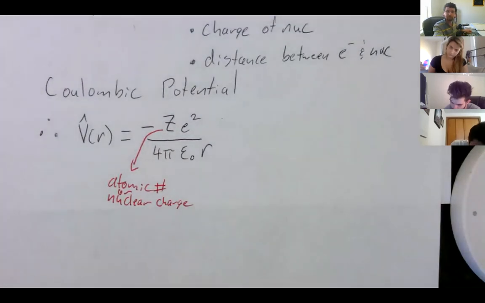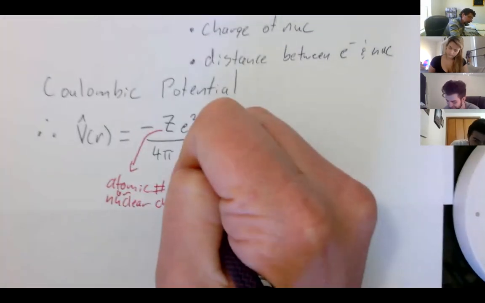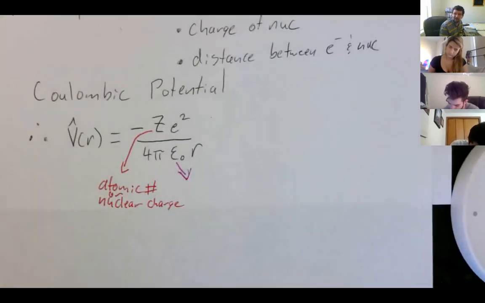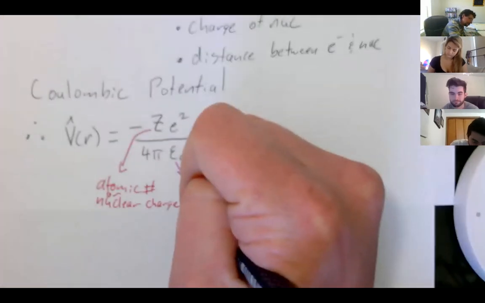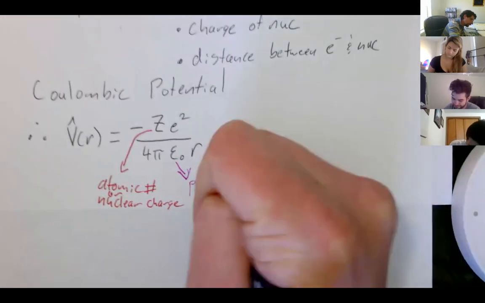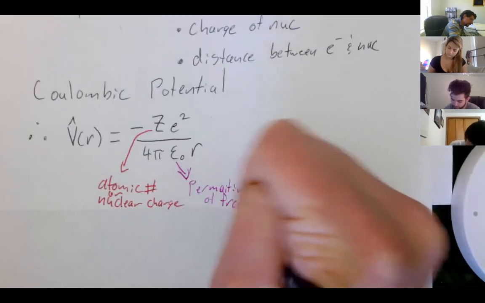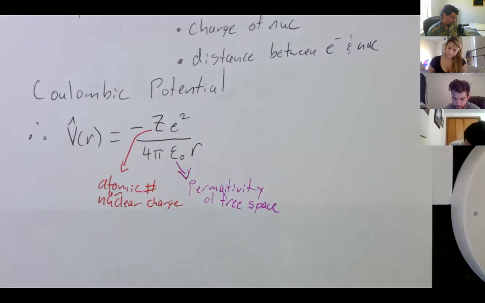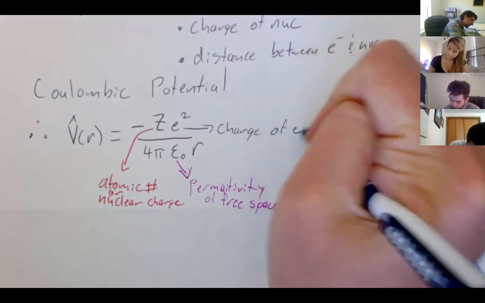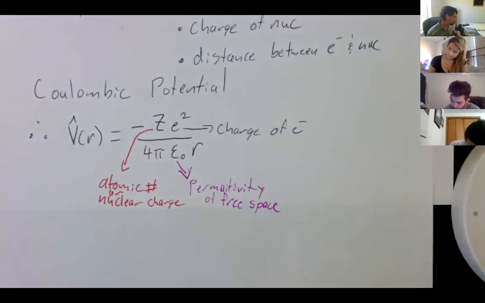Epsilon naught, I'm sorry. Anybody remember that one? It's the permittivity of free space. What's e? The charge of the electron. Yep. And then that r is just that distance.